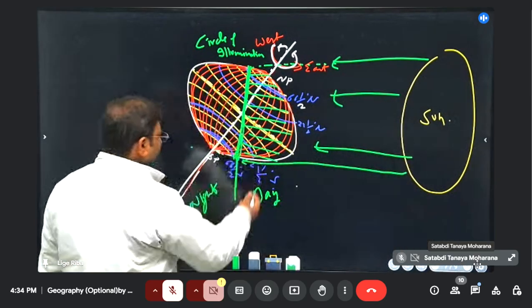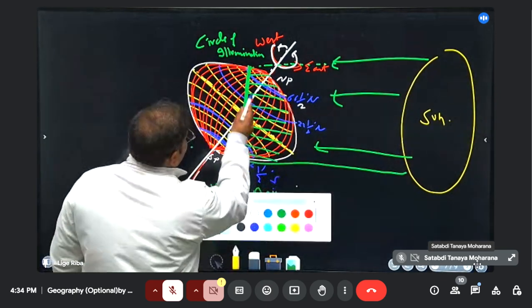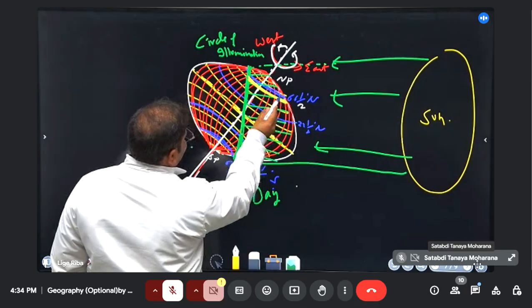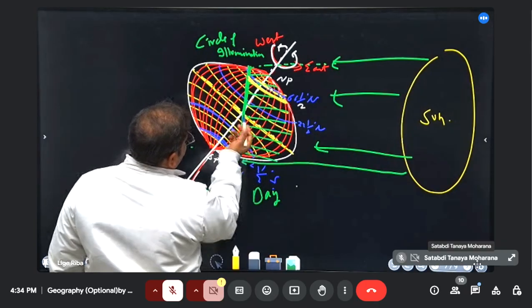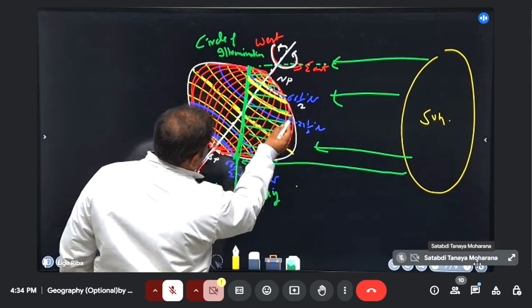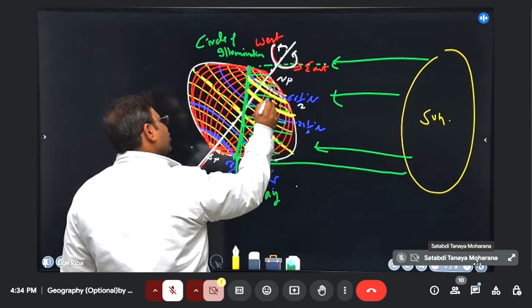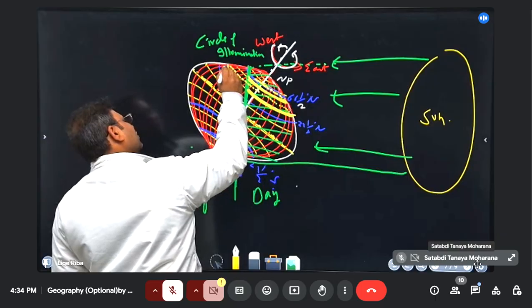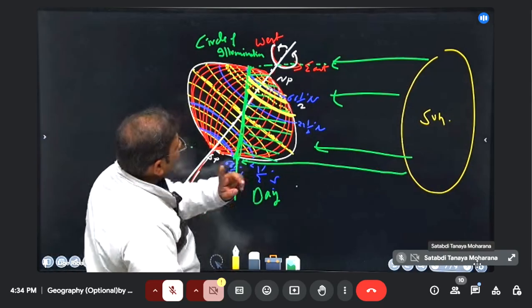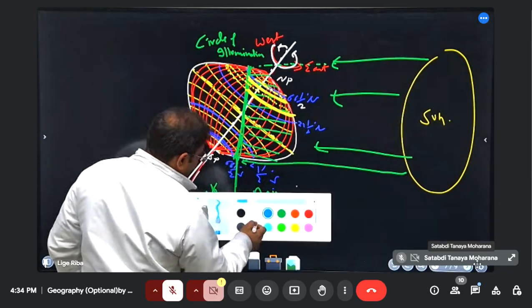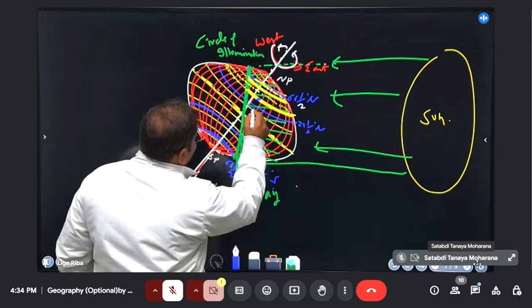Look at a particular latitude. See this one yellow line. Make it three-dimensional. Dotted means from the backward side. So say this is the latitude. Put some place here, place A. A is in day.